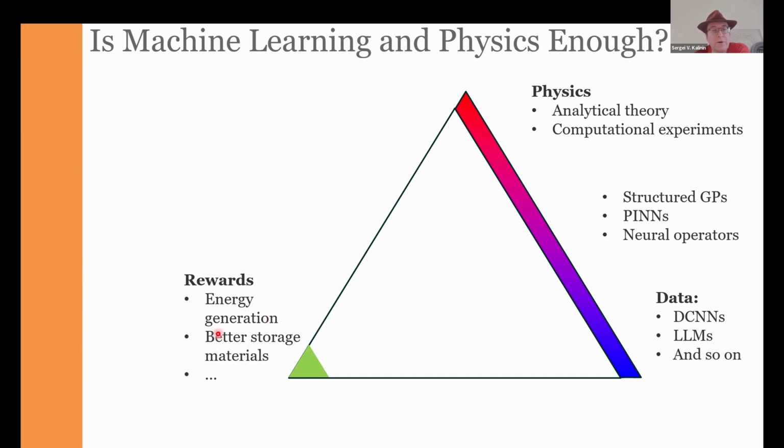So for example, our experiment can be driven by making a better structural material or better energy storage or fundamental discovery. So this is what drives our experiment. And as you can imagine, the reward functions that we use in physics or machine learning are very, very different. For example, the typical reward function in the data is the loss function. And for those of you that are familiar with machine learning, you are familiar with the difference between metrics and the loss function.